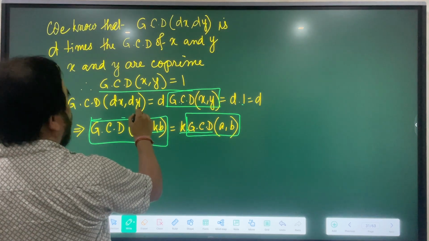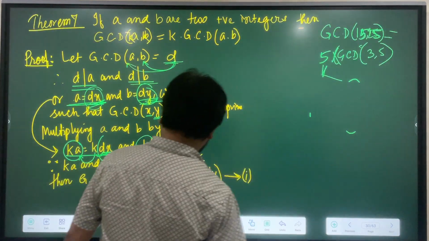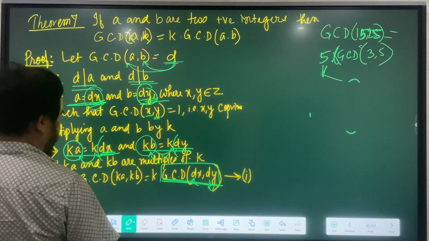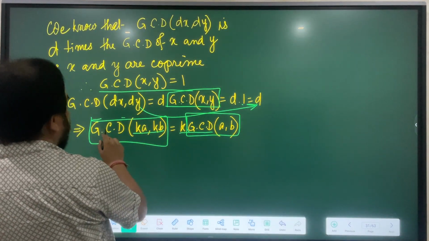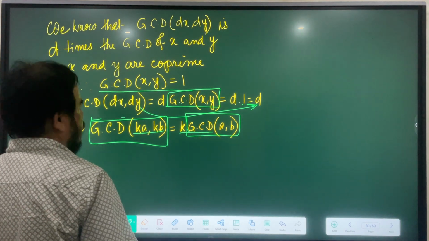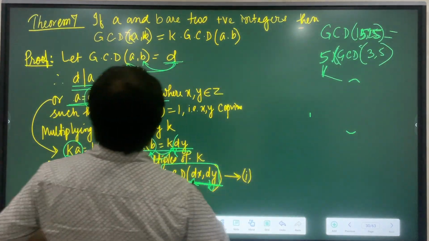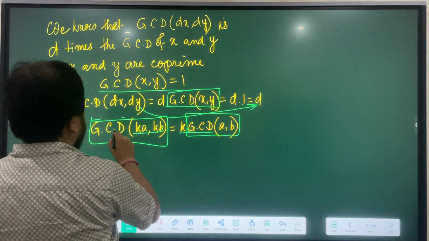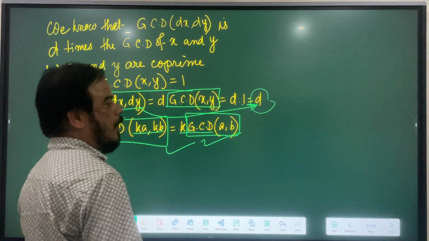GCD of dx, dy we have got d. So GCD of KA, KB equals K into GCD of A, B. GCD of A, B is D. GCD of dx, dy is also D. That is why these two are equal.